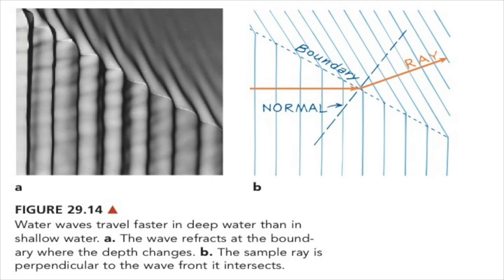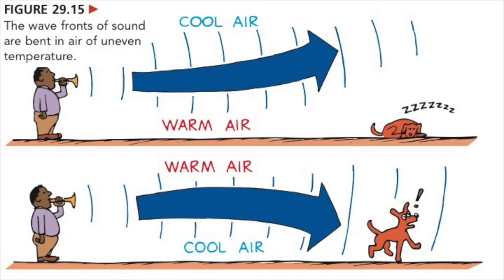for understanding wave behavior. Here are some figures that I will be referring to in the next few slides. The first one, figure 29.15, the wavefronts of sound are bent in air of uneven temperature.